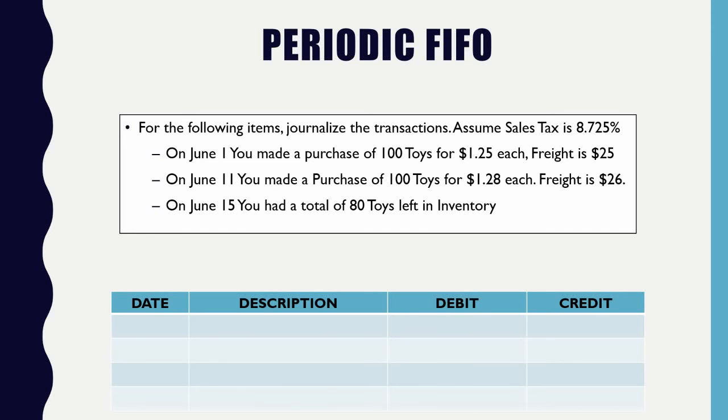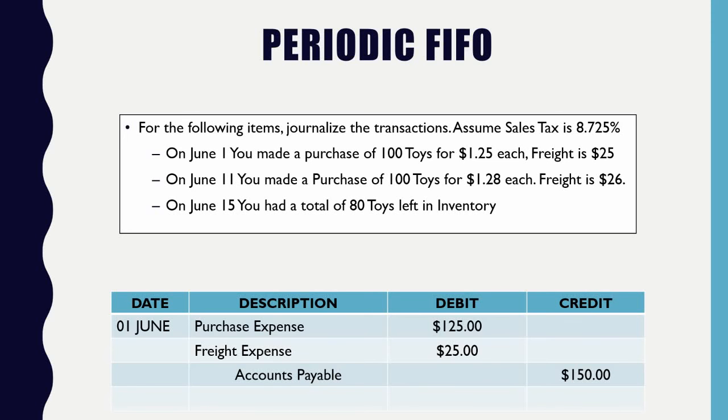And then on your next line will be freight expense, that's correct, $25. And we're just going to assume all of these are going to be on account. So accounts payable, $150. Exactly. All right, good.